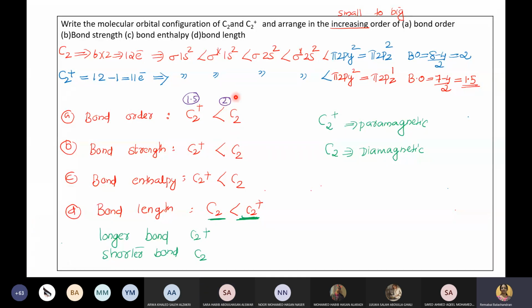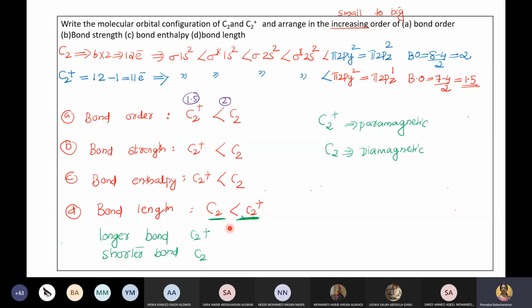See, this one has number 2. From here I am writing. 1.5 is this 1.5. This 2 is this one. Right? So if bond order is high, bond strength is high, bond enthalpy is high, bond length is low.